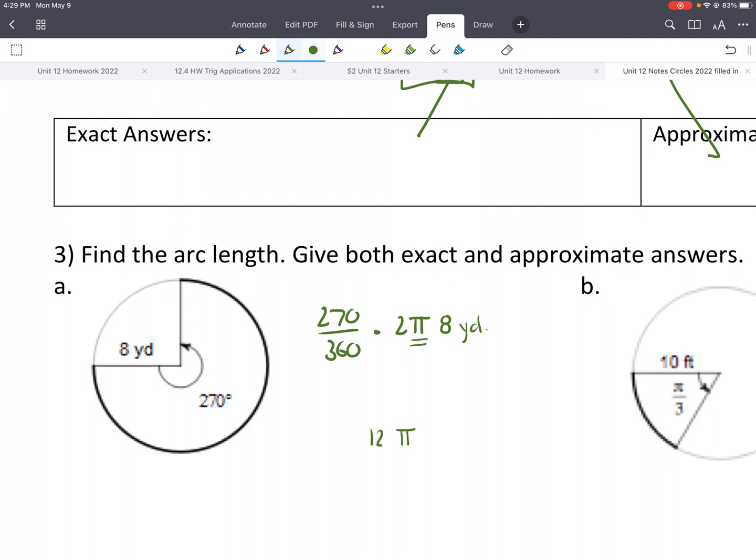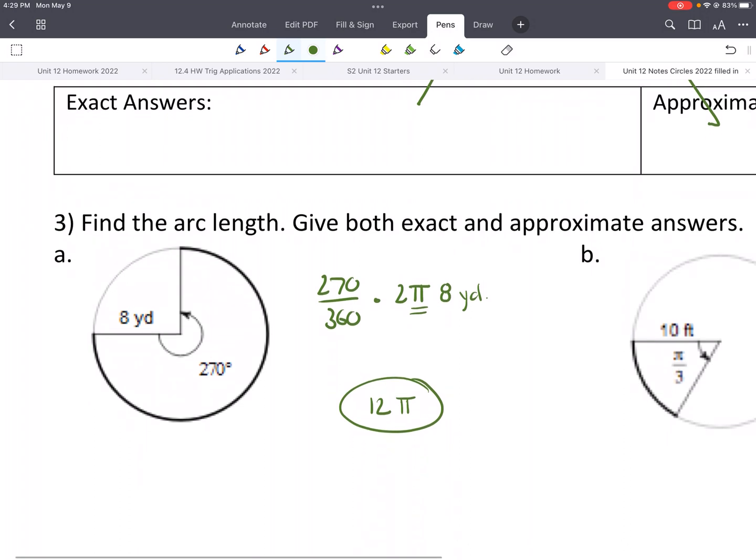So here I get 12 pi. And that would be your exact answer. If we wanted to approximate, we would take 12 times pi, and we'd get 27.7. Maybe we'll round to the tenth place. And this is yards.